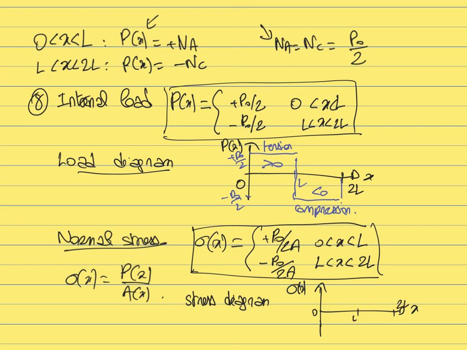And so in this case, the stress would show the same trend as the internal load with this step function like this, where the stress would go between plus P naught over 2A, so it would be initially positive, which again means that the beam is initially under tension between 0 and L, and then becomes under compression, where the stress becomes minus P naught over 2A between L and 2L.